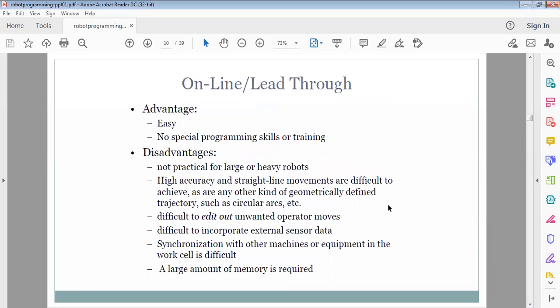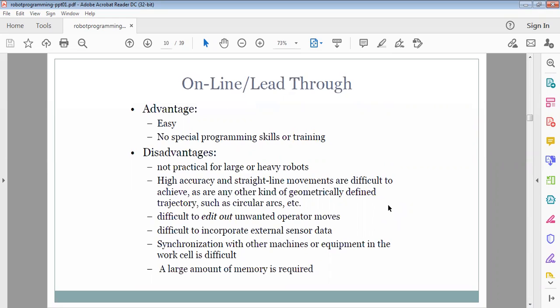So next, online lead through program. What are the advantages and disadvantages? See, in this kind of program, the advantage is that it is easy and no special programming skills are required.